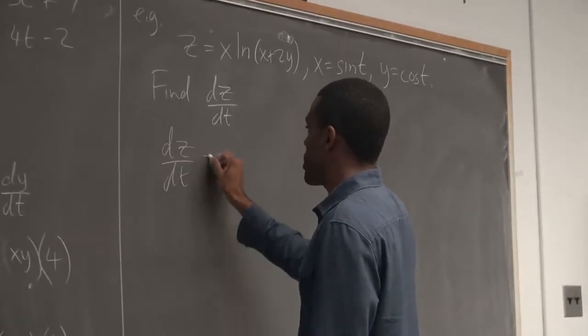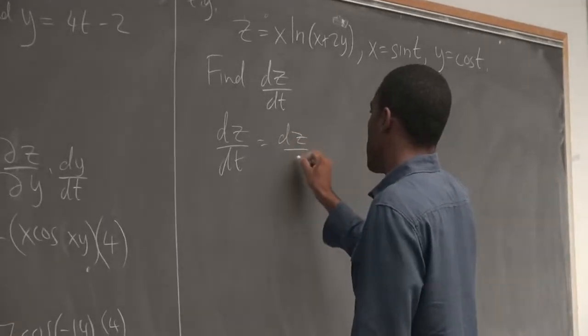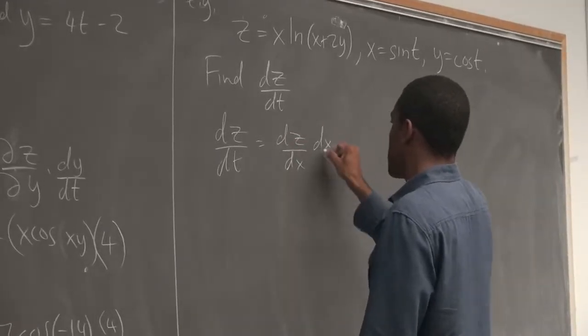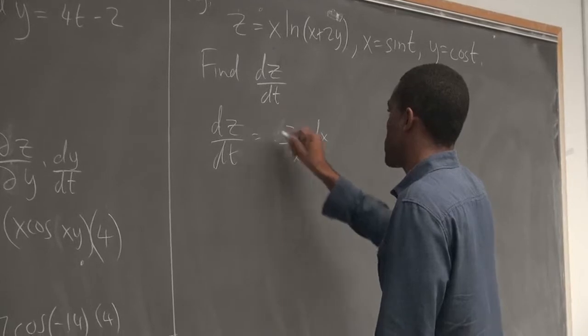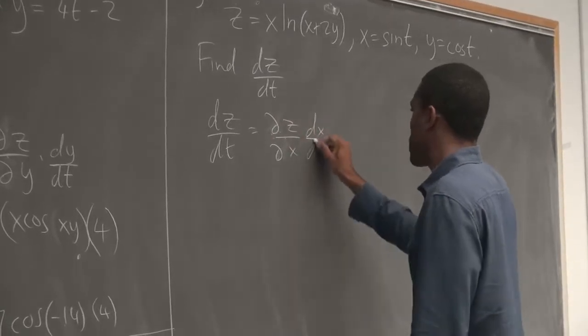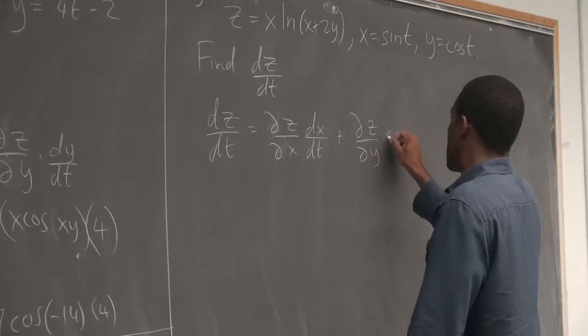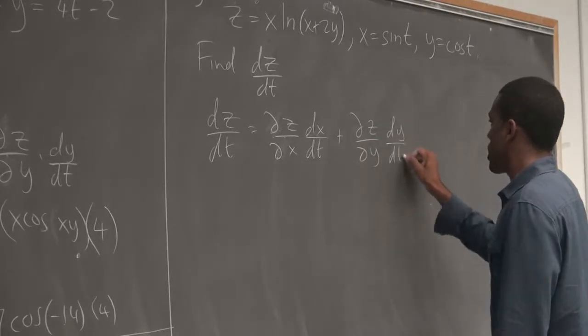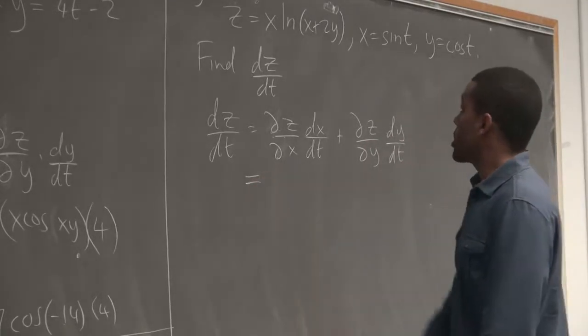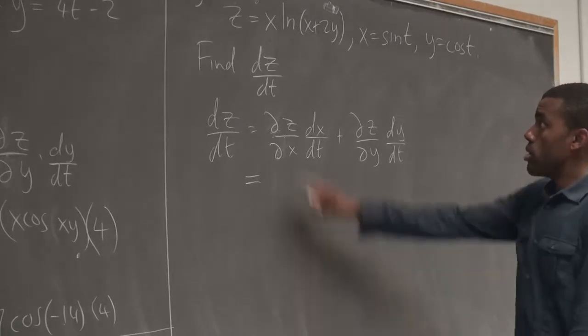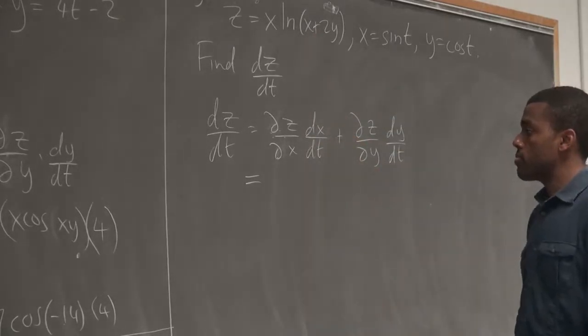dz/dt is equal to dz/dx times dx/dt. What's the partial of that with respect to x?